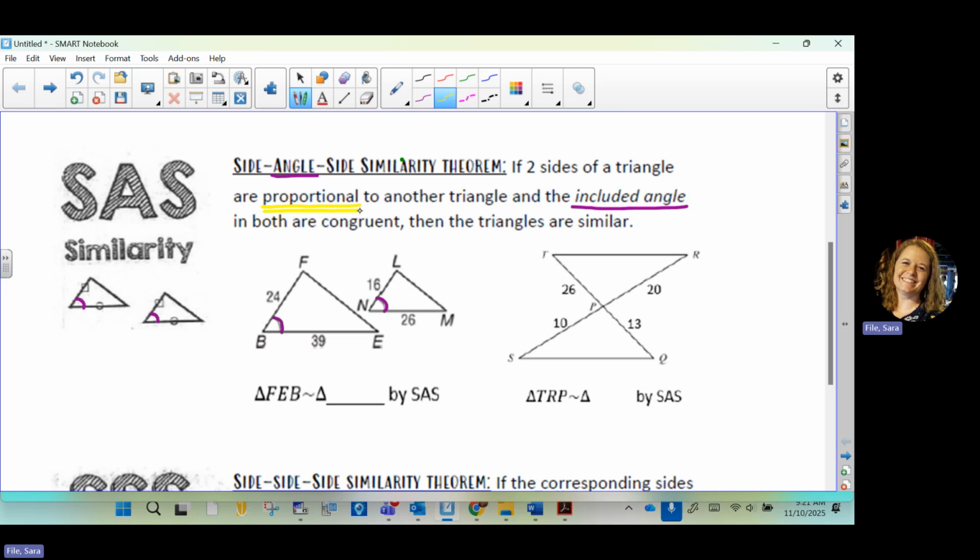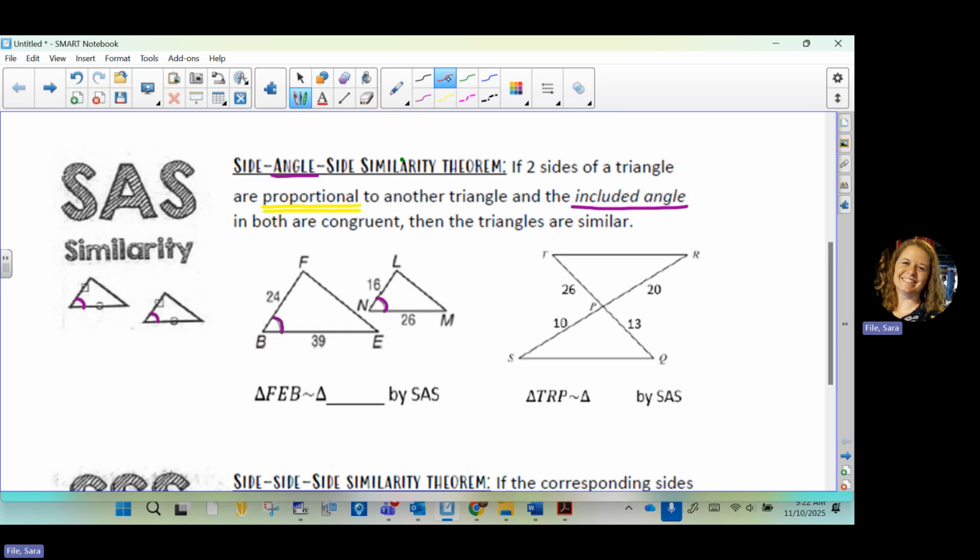Proportional. Okay, the sides should be proportional. So when we say side angle side, the angle is congruent, but the two sets of corresponding sides should be proportional.